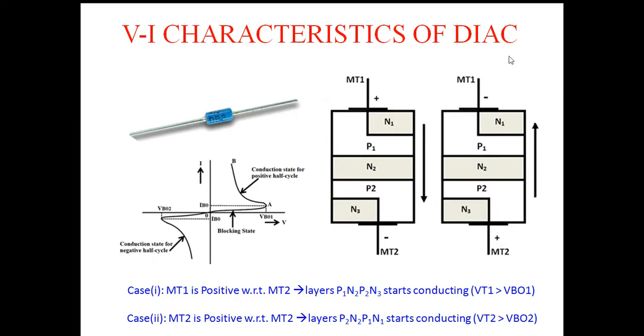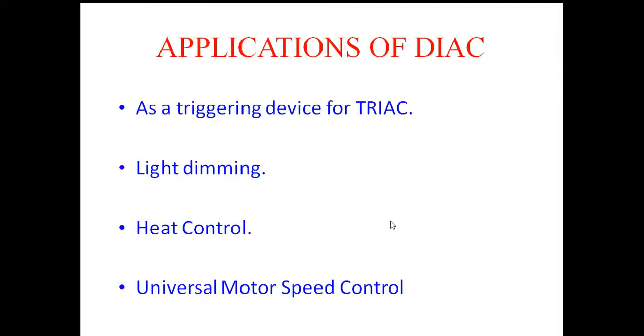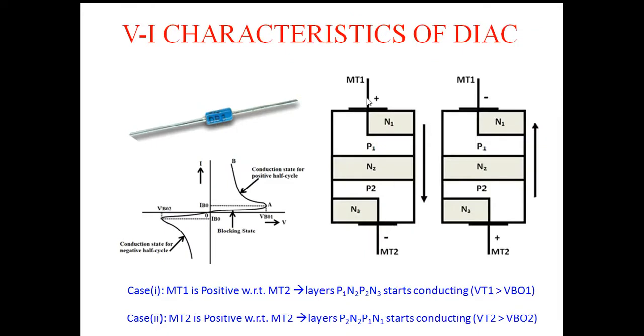The VI characteristics of the diac are shown in this figure. Here it operates in two modes: whenever MT1 is more positive, and whenever MT1 is more negative with respect to MT2. In case 1, MT1 is more positive with respect to MT2.